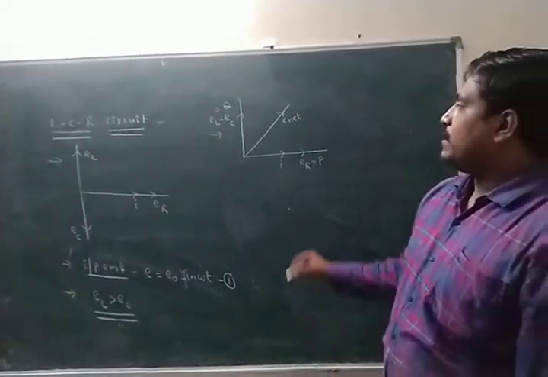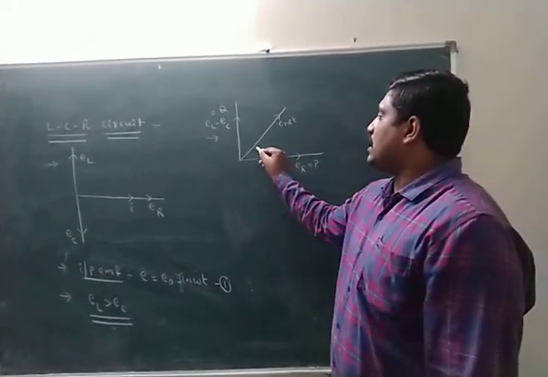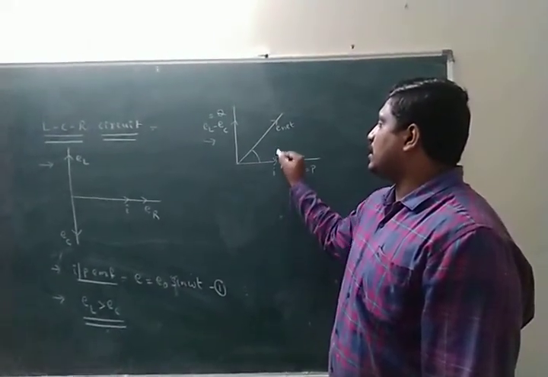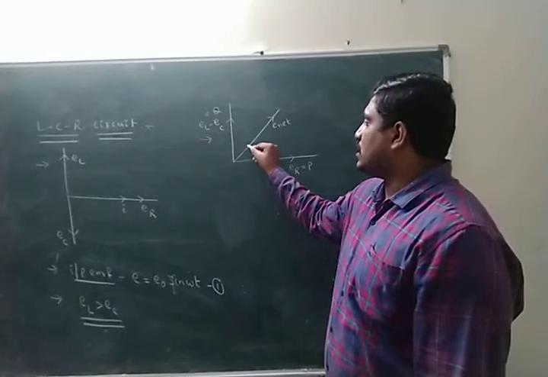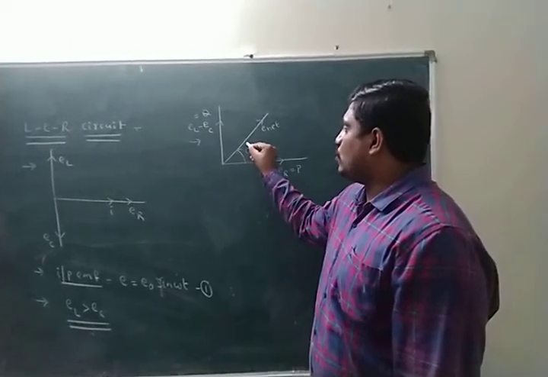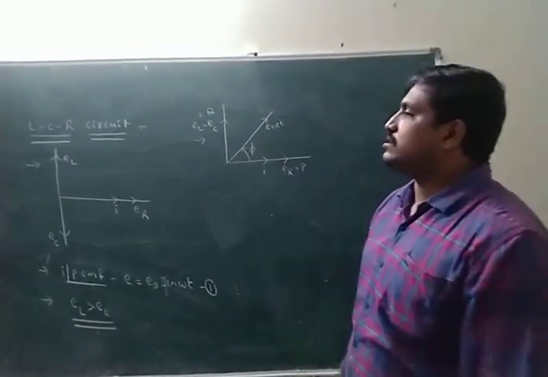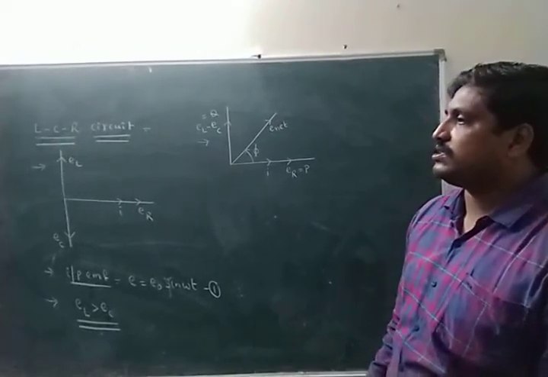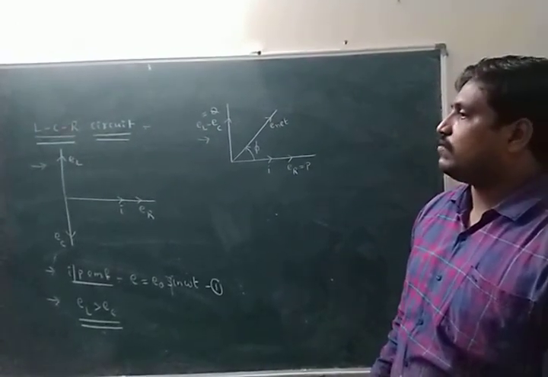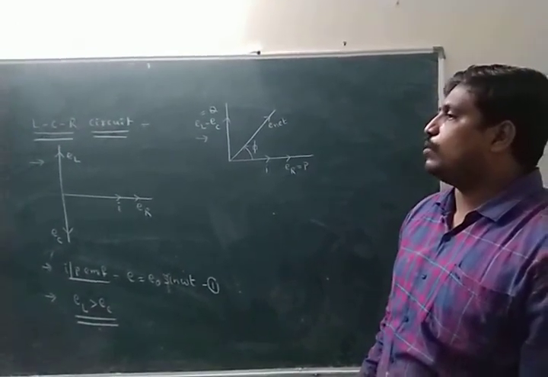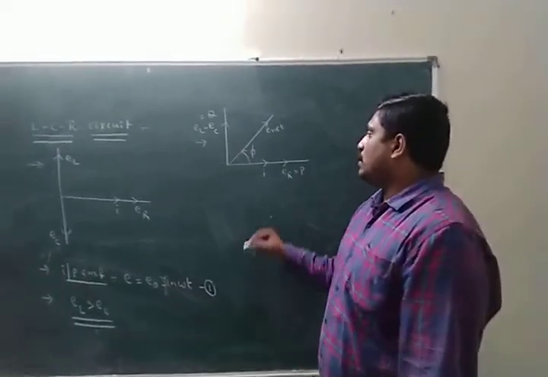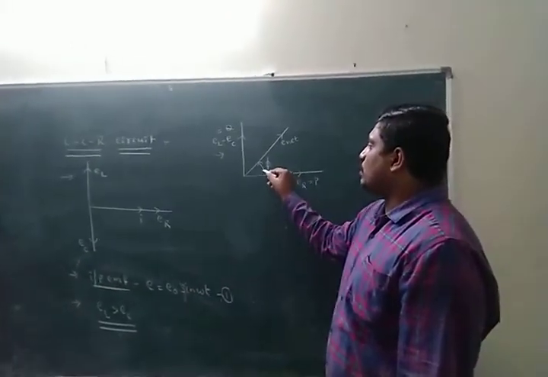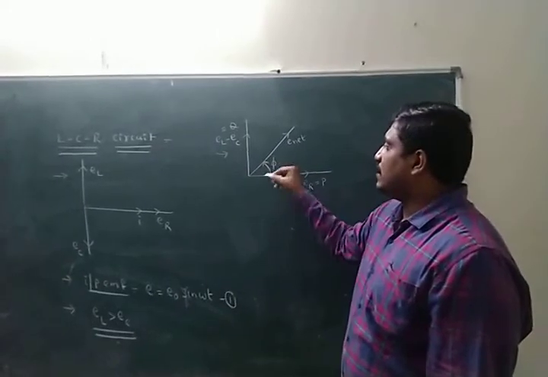Okay. Here, this is the angle between current and voltage. Generally, the current and voltage angle is phi. Here, what is the phi? The angle between current and voltage. According to this diagram, which is ahead?